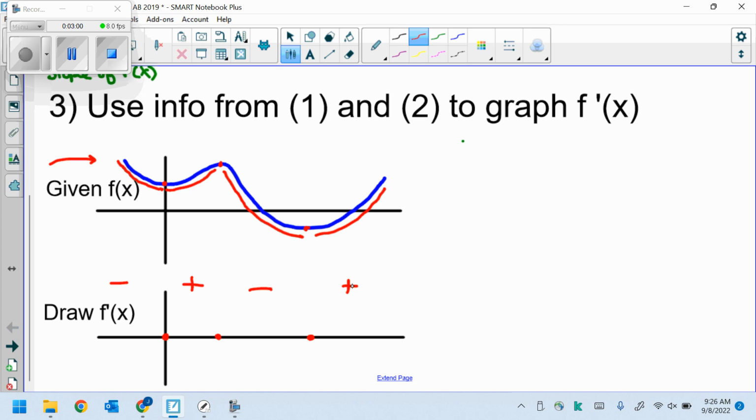So now to draw the derivative, all I'm going to do is make sure that I have negative values, that I get to 0, that I have positive values in this interval, but get back to 0 in time, then have negative values before you return to 0, after which you have positive values. A little bit of practice, and that's a pretty easy skill to master.